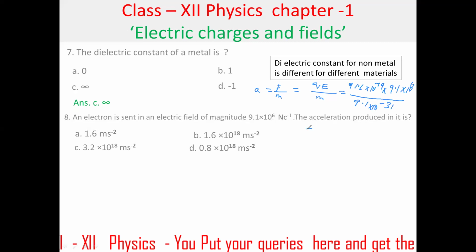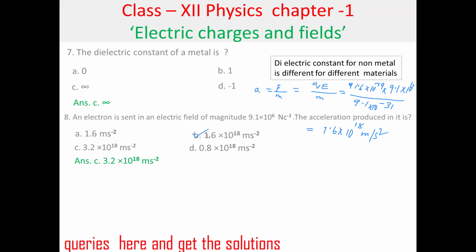So on simplification, this comes to 1.6 into 10 to the power 18 meter per second square. So the answer would be option D. So I hope this is clear to all of you.